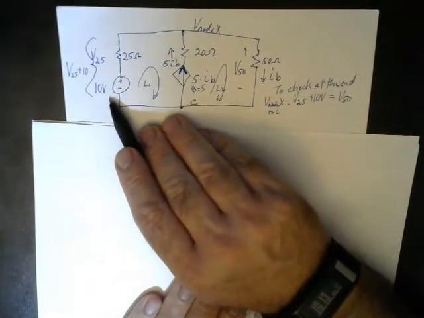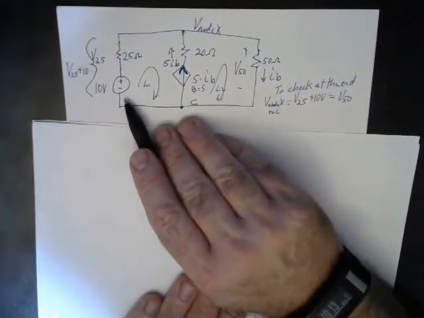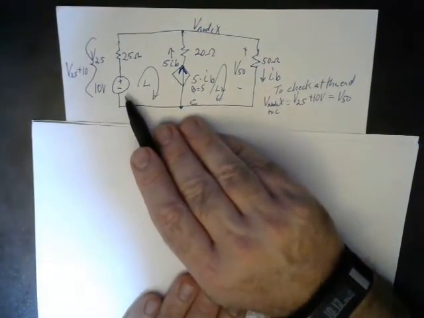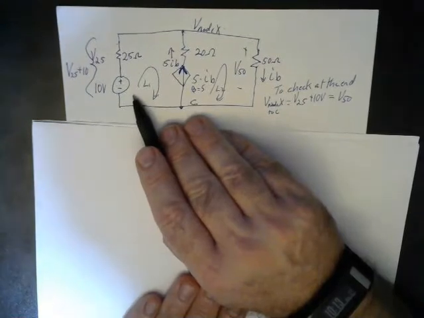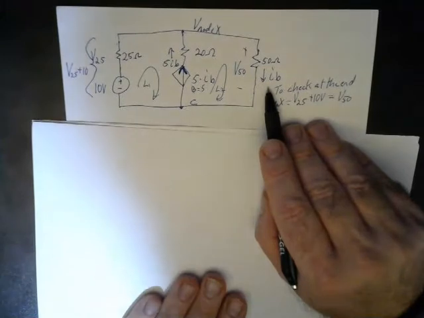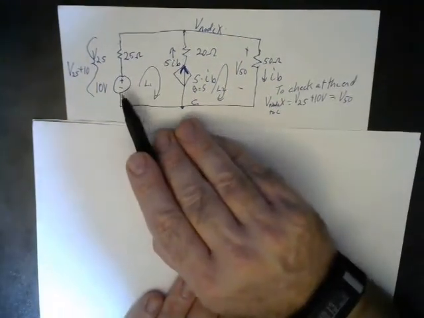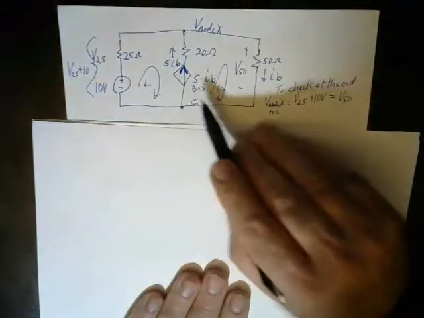It turns out that if you try to analyze a dependent source and there's no voltage source or current source, no independent source in the circuit, that usually your current will resolve to 0. It doesn't work because it needs an independent source in the circuit somewhere.